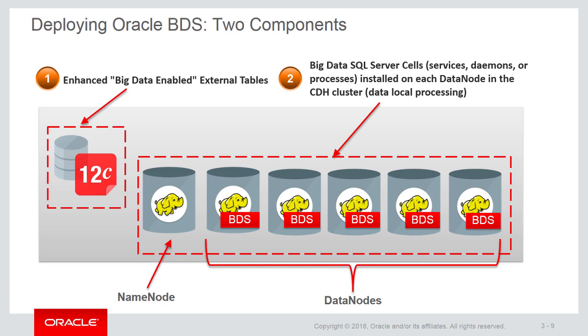The second step, for Oracle Database 12c, run the Big Data SQL installation script on each Oracle database node. This step sets up connectivity from the Oracle database to the Big Data SQL Server cells on the Hadoop cluster. It also includes installing Hadoop client, configuration directories and files, Big Data SQL agent, Oracle directory objects, and more.